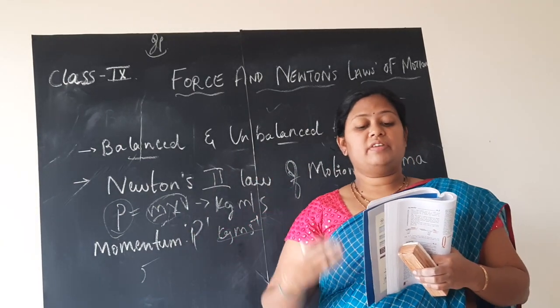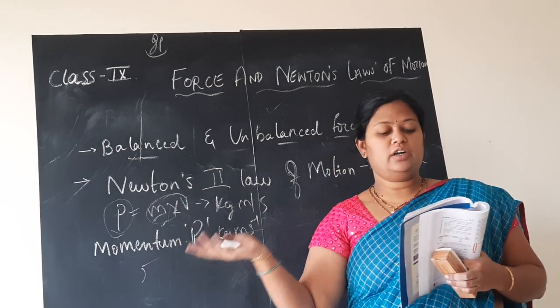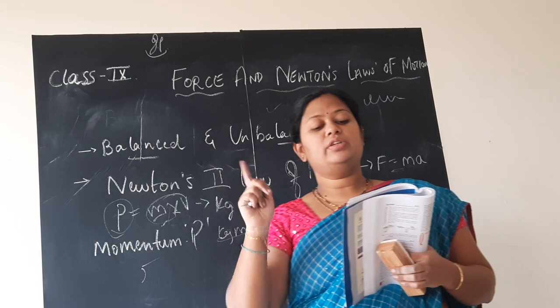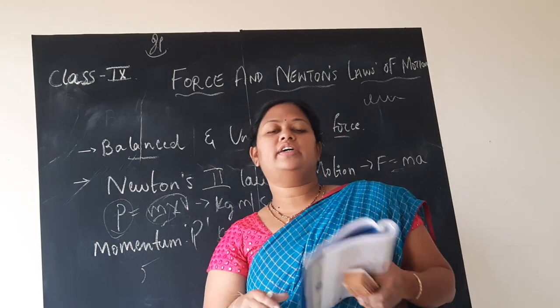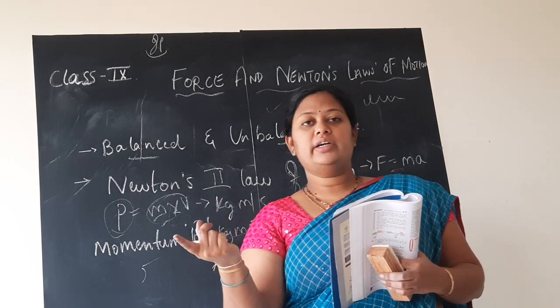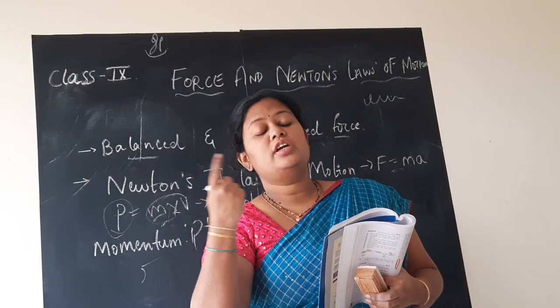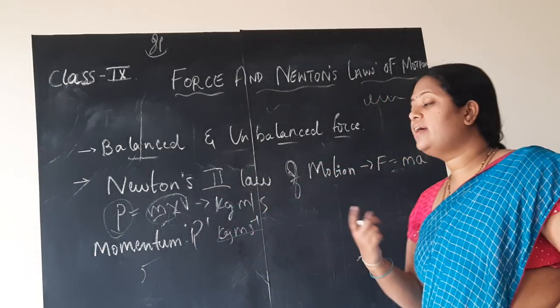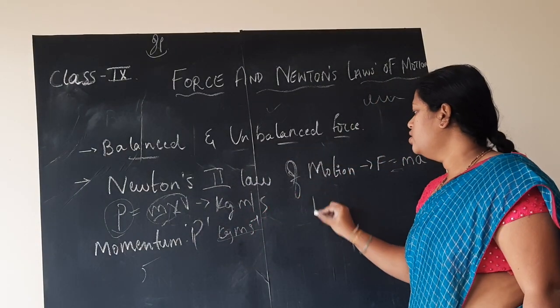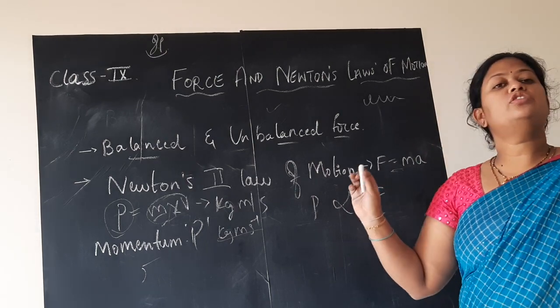Means if the force or the velocity keeps on changing, that is the rate of change of momentum of an object, is proportional to the applied unbalanced force in the direction of force. So rate of change of momentum is proportional to the applied unbalanced force they are telling. So the rate of change of momentum is proportional to F, the unbalanced force.